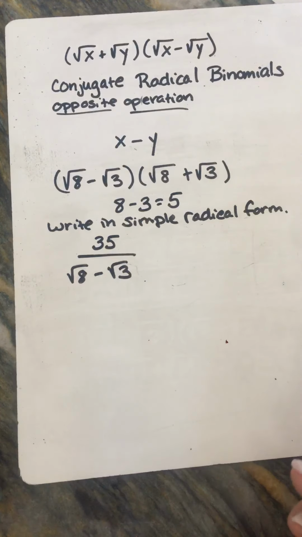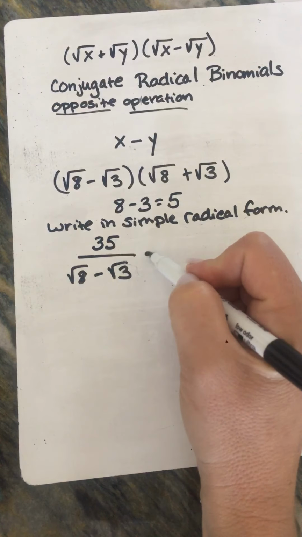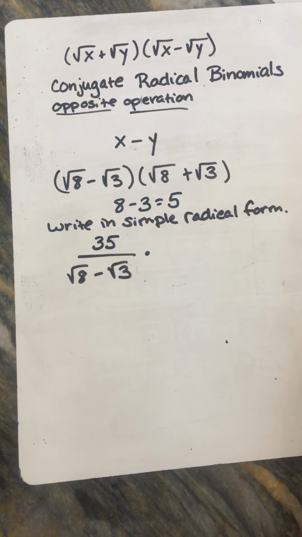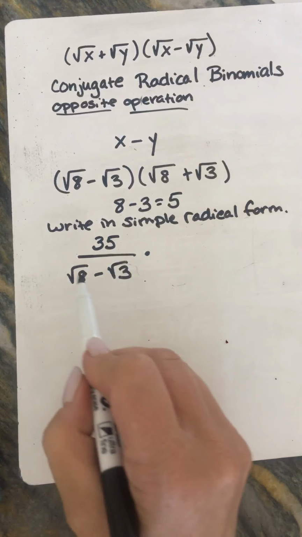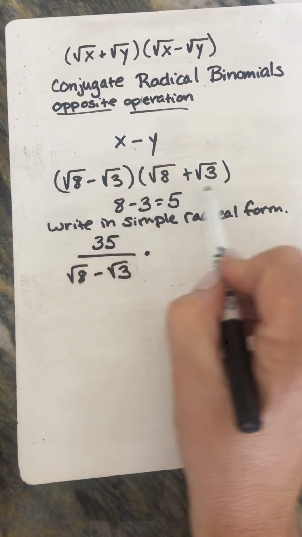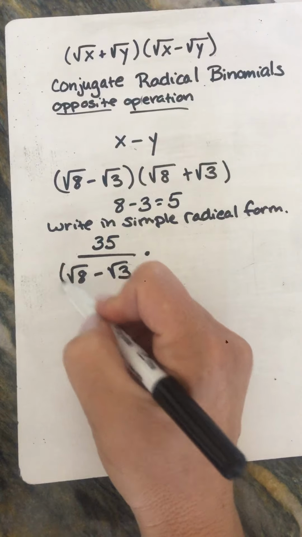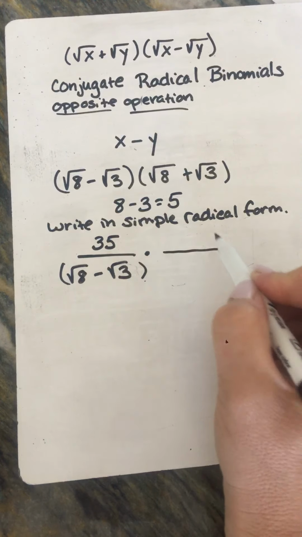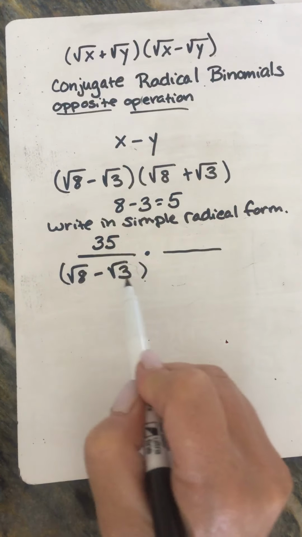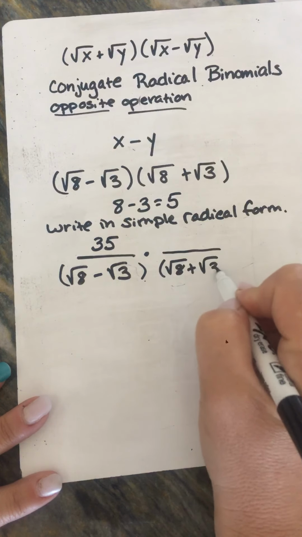But remember last section, in order to get around that, we multiply by 1, but it's a 1 that we get to choose what it looks like. So knowing that this situation occurs when we multiply conjugate radical binomials, let's make our 1 be the conjugate of the denominator. So let's multiply this guy by square root of 8 plus the square root of 3.